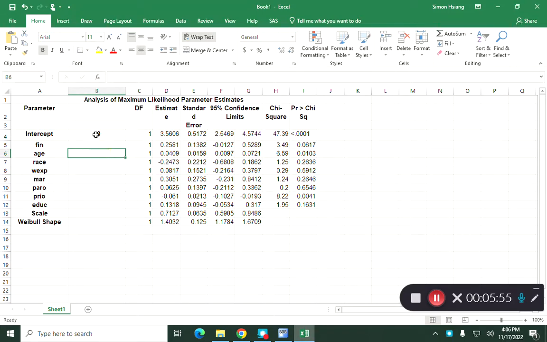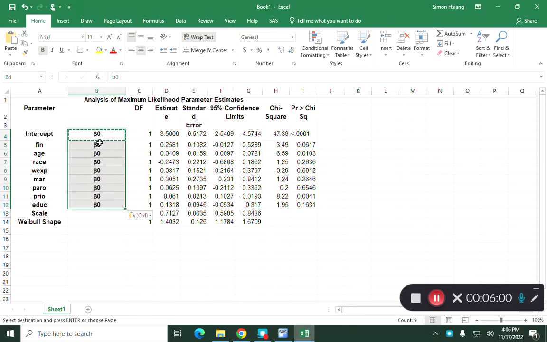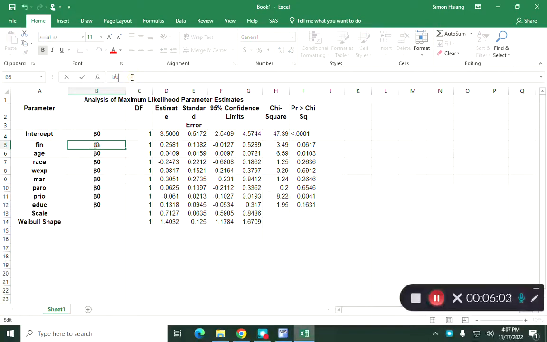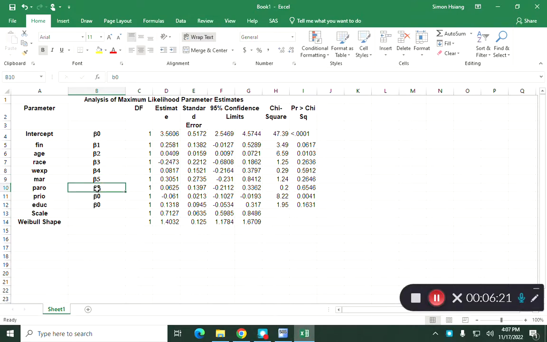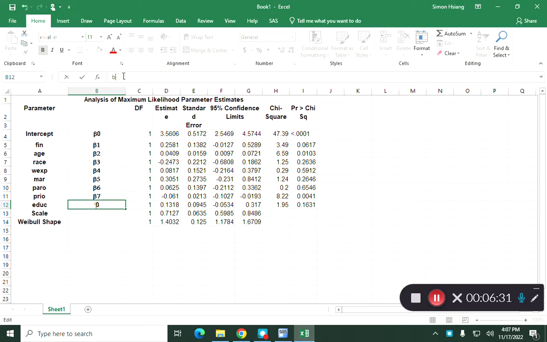Here's my beta 0. So I'll have this is my beta 1, beta 2, beta 3, beta 4. So this is the regression parameter I have, right? Agree? 5, 6, 7, and 8. So I have a parameter.